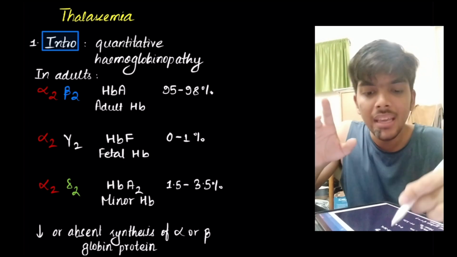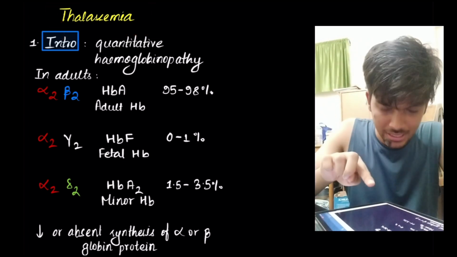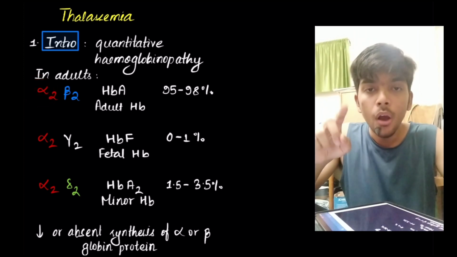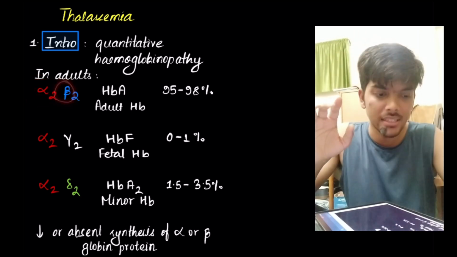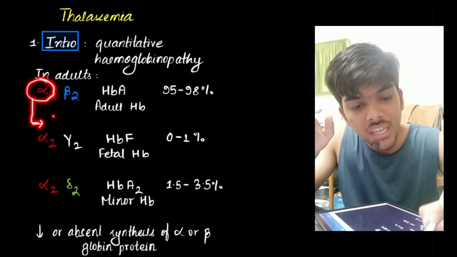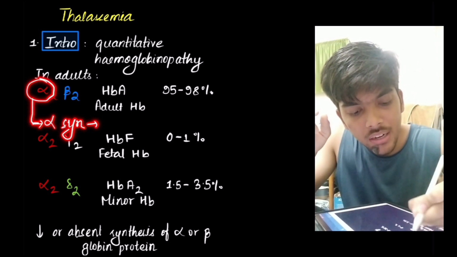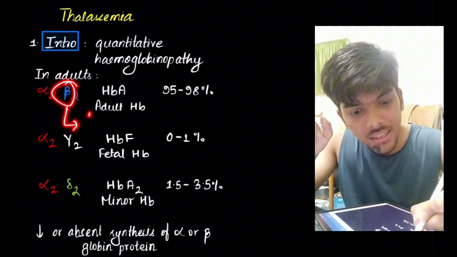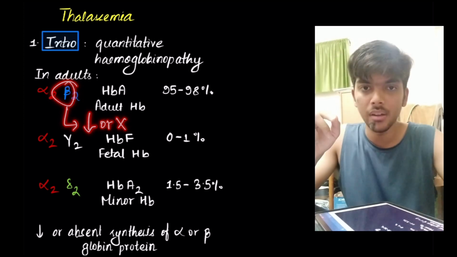In case of thalassemia, what happens is that either the synthesis of alpha chain is affected or the synthesis of beta chain is affected. Either alpha chain synthesis is reduced or absent, or beta chain synthesis is reduced or absent.